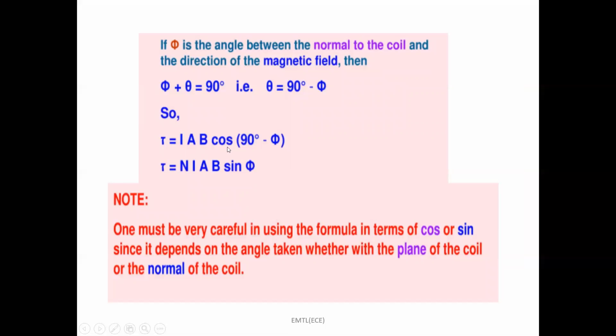That means theta and phi are complementary angles. So torque T is equal to NIAB cos of (90 minus phi). Cos(90 minus phi) is equal to sin phi. So torque T is equal to NIAB sin phi. Here cos and sin depend on the angle taken, whether with the plane of the coil or the normal of the coil.